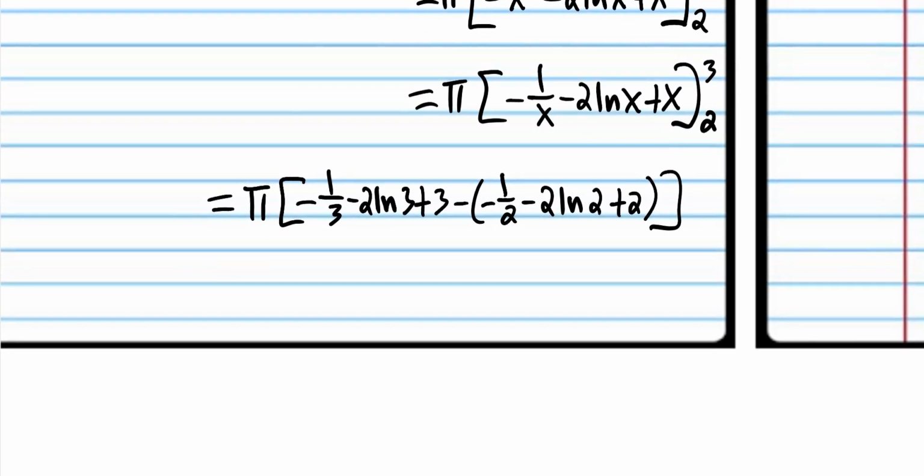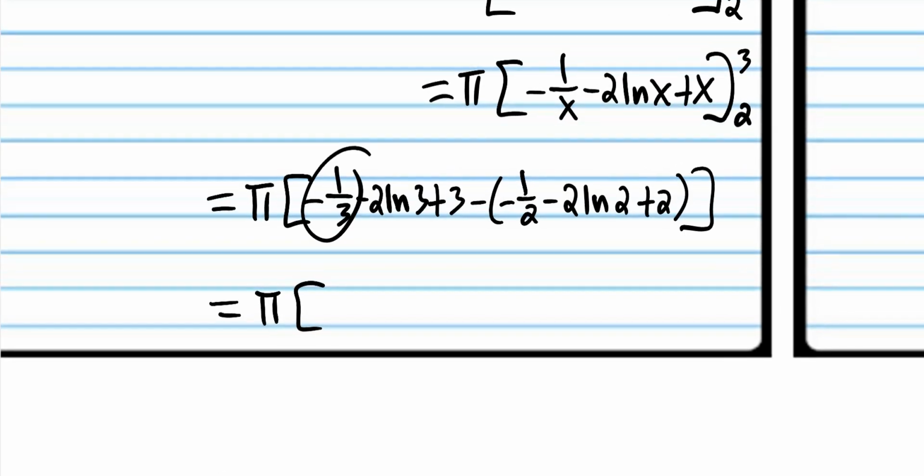So now we just have to calculate. So we have negative 1/3 plus 1/2. Negative 1/3 plus 1/2 is going to be negative 1/6, it looks like. And we have 3 minus 2, which is 1. And so add those up and we get 5/6.